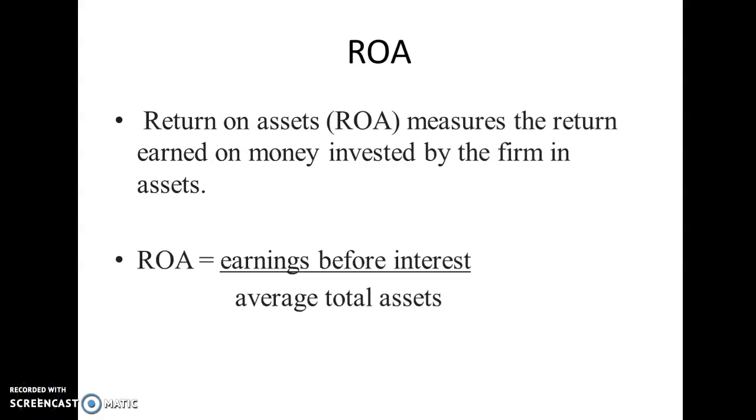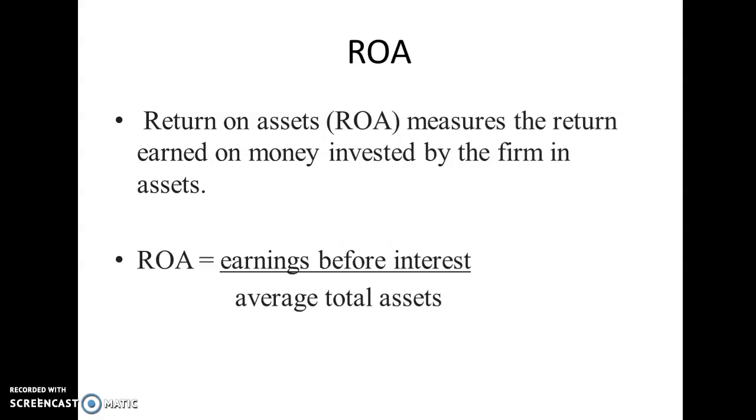The next measure is ROA, that is return on assets. It measures the return earned on money invested by the firm in assets. ROA is the ratio of net income produced by total assets during a period of time.